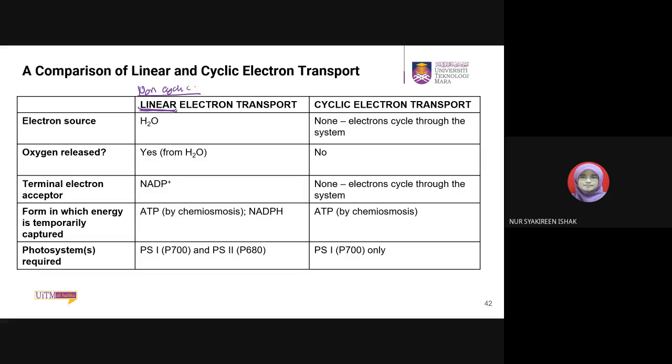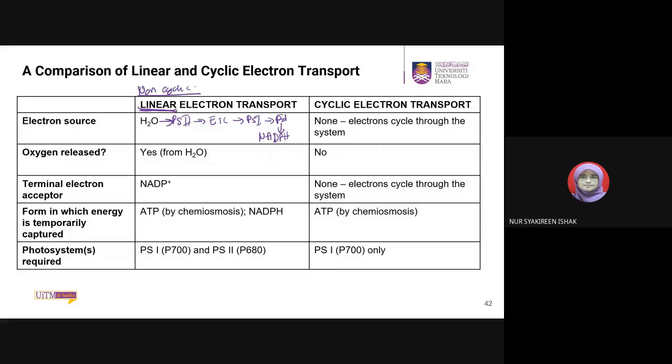Daripada air ke PS2 along ETC, until received by PS1 and then ferredoxin, dapat diperolehi oleh NADPH. So it is a linear flow of electron. Okay, non-cyclic. Dia tak balik semula ke PS2.